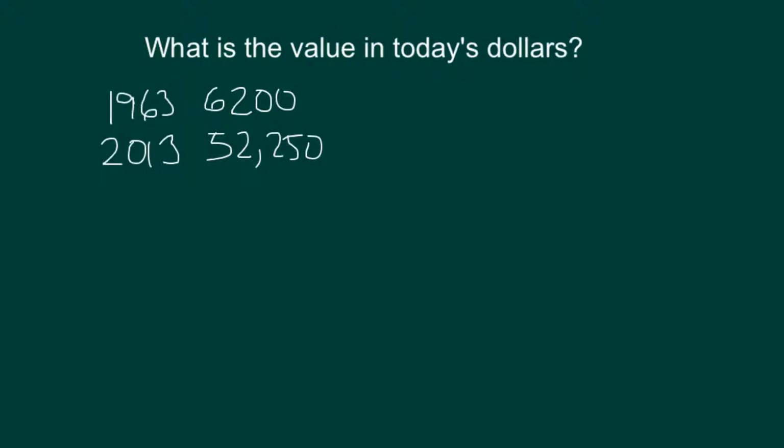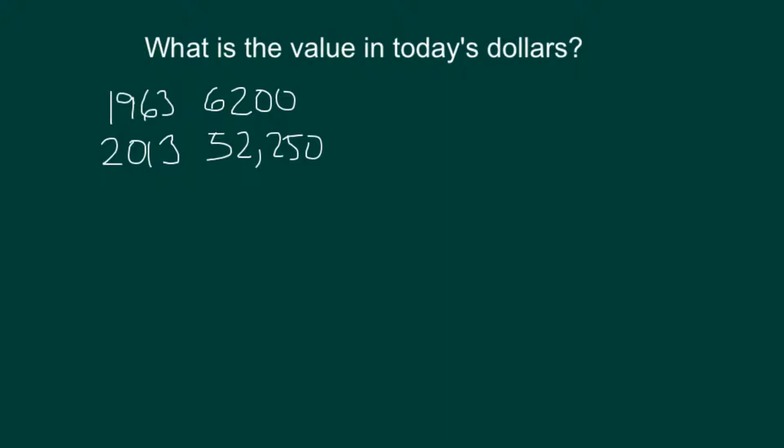All right, so those are both nominal values, meaning that the 6,200 is stated in 1963 dollars. The 52,250 is stated in 2013 dollars, and so directly comparing them isn't very helpful. So we want to get them into something that is comparable.